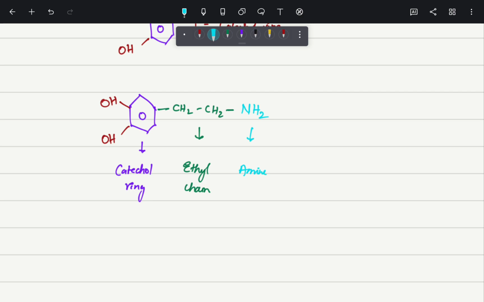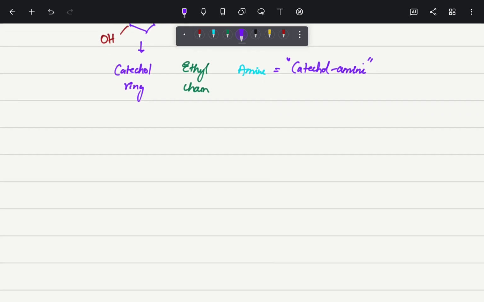So in complete we can see the structure of the catecholamine. Okay, so it has a catechol ring together with an ethyl chain and an amine group. That is called your catecholamine.